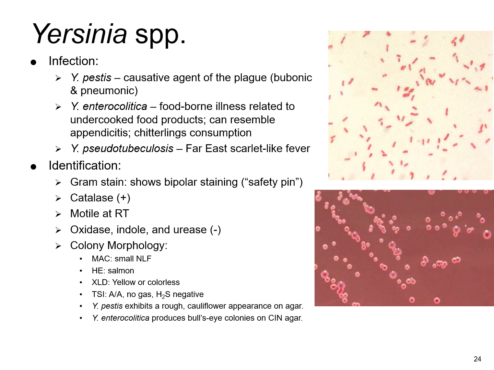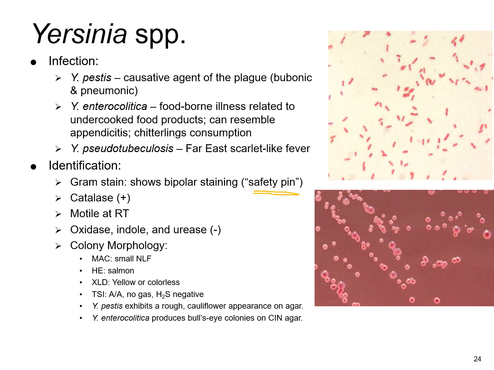Yersinia enterocolitica is a foodborne illness that's associated with undercooked food products, and this can also present with something similar to appendicitis. When identifying these organisms, they do have a characteristic staining pattern, which resembles a safety pin look.